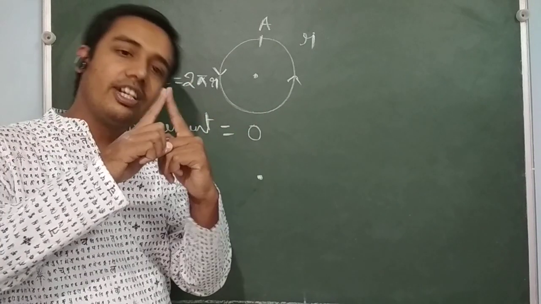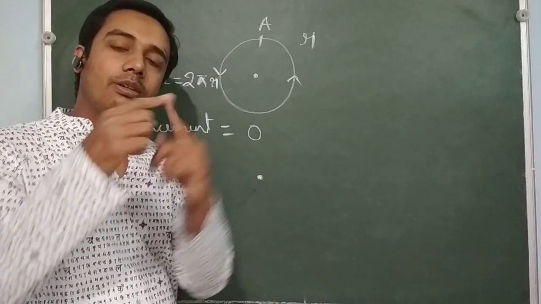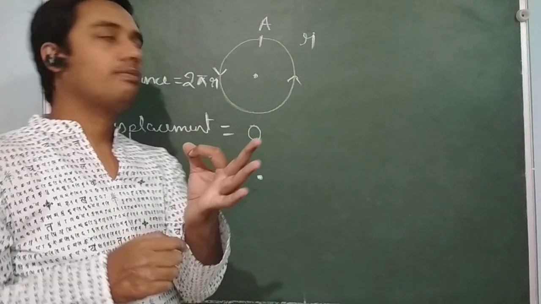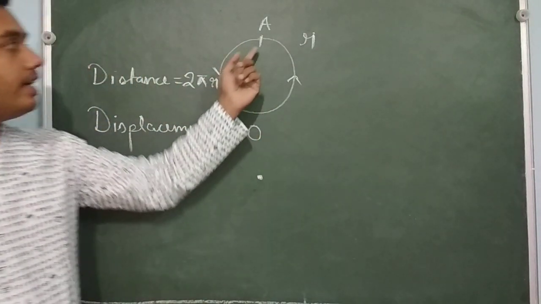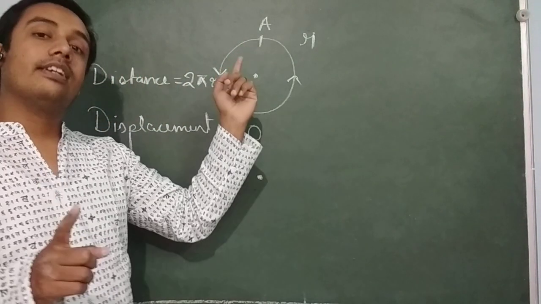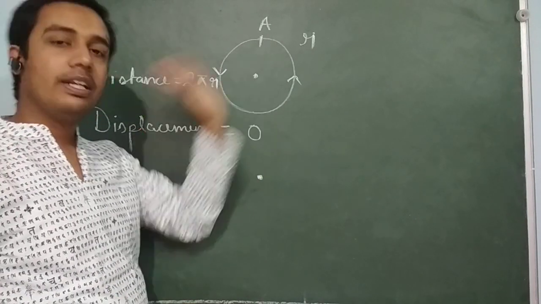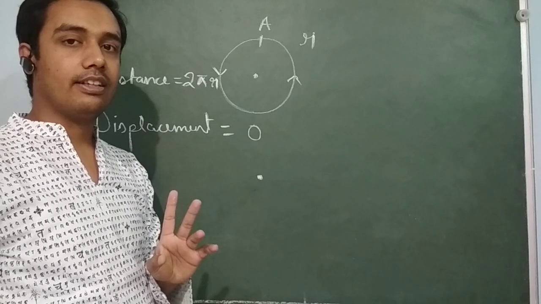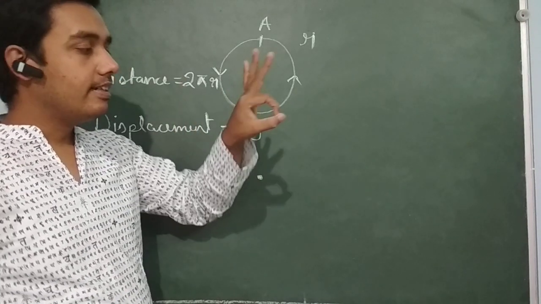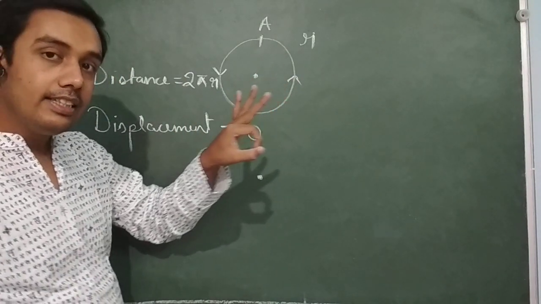But अगर दोनों जुड़ जाएंगे, सेम हो गए, तो उनके बीच का डिस्टेंस क्या हो गया? ज़ीरो. इसीलिए if the object is returning to its initial position, अगर ऑब्जेक्ट घूम भाग के वापस वहीं पे आ जाए जहाँ से उसने स्टार्ट किया था, तो in that case displacement is zero.